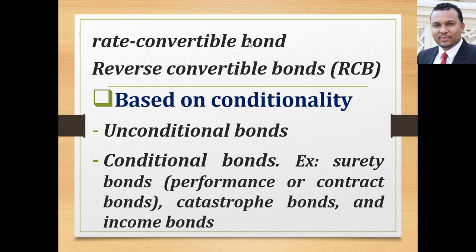In case of rate convertible bonds, we talk about variable rate bonds. The next, reverse convertible bonds, RCB. This is a special case of convertible bonds that gives the issuer the right to convert the bond into more options.